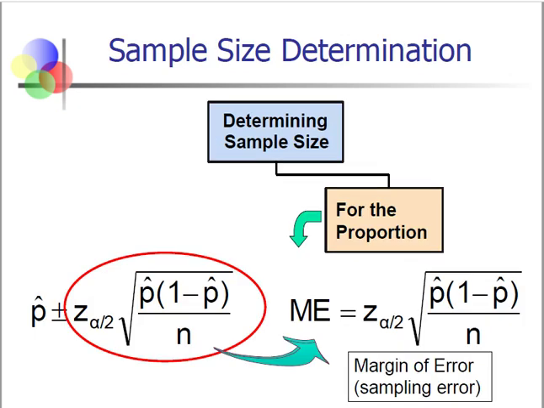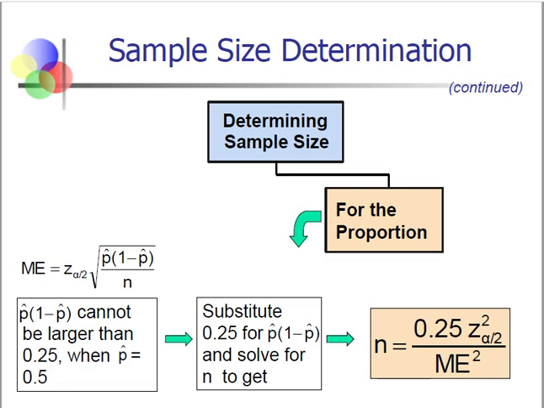Now for the proportion, we also remember that to construct a confidence interval for a proportion, we say Z alpha over 2 times the square root of p hat multiplied by 1 minus p hat over n. So we change the subject of the formula and we find that n is 0.25 multiplied by Z alpha over 2 squared over margin of error squared.